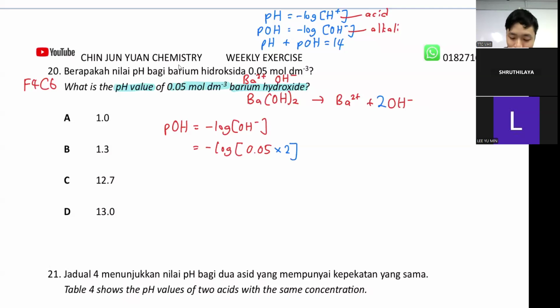Yeah. So many people just die here, right? This part. So you will get, I think you get 1, is it? Do you think 1 is the answer? You see properly. I want pH. This is pOH.